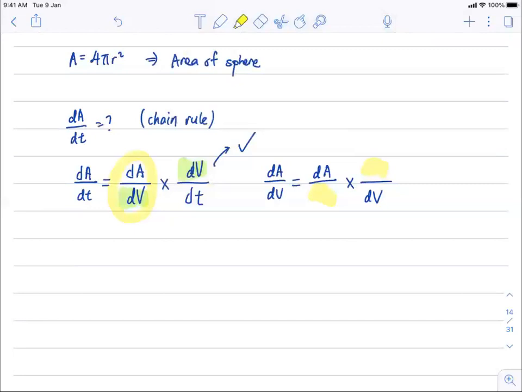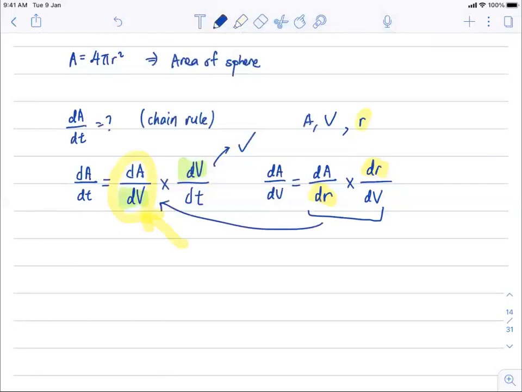Now we already used up A, we already used up V. What we have not used is the radius r. So we fill in r to the place of dr. Now we can substitute this back into here.